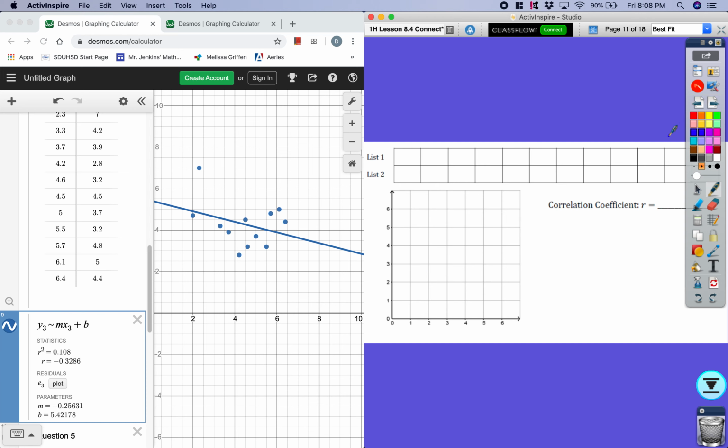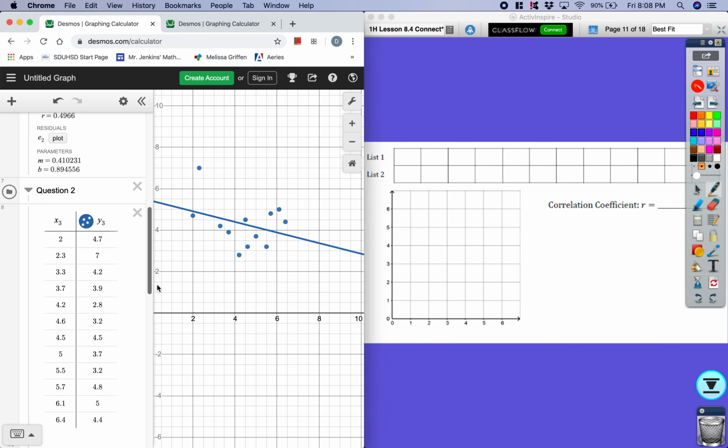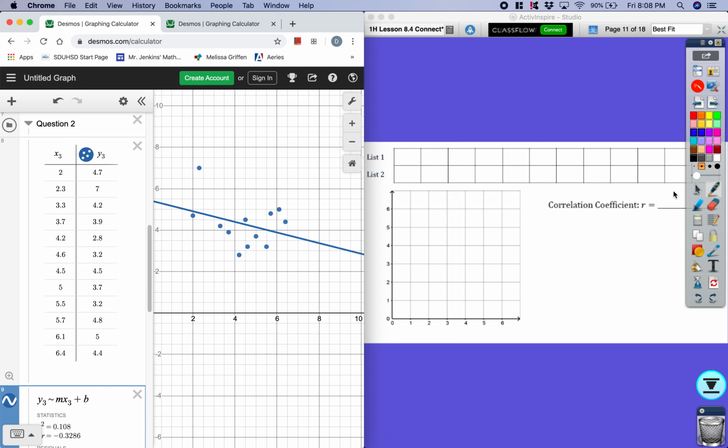So I already just chose the second set of data and compared it with the one in list 1. So for list 1, I already had list 1 written as 2, 2.3, 3.3, 3.7, so on and so forth. Let me go and bring this up just a little bit. Okay, there we go. So these were my values I had here.